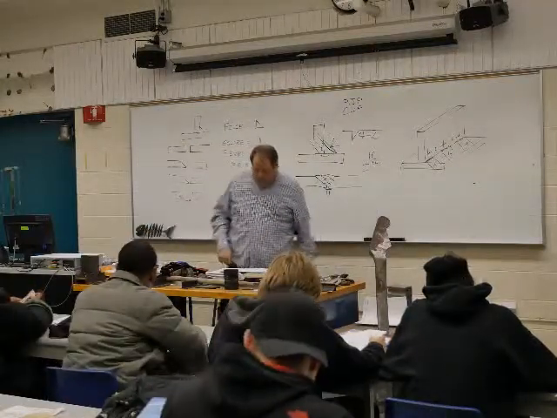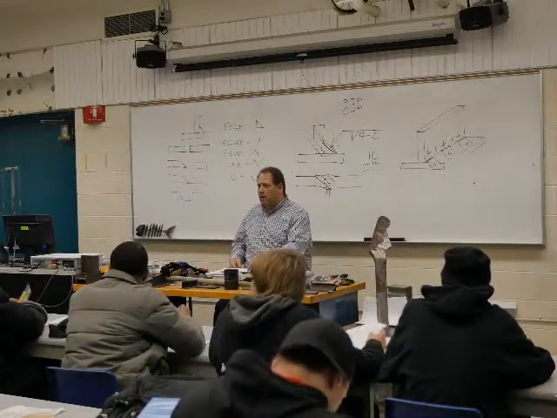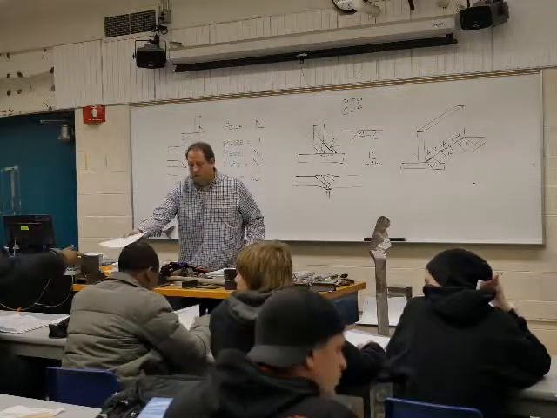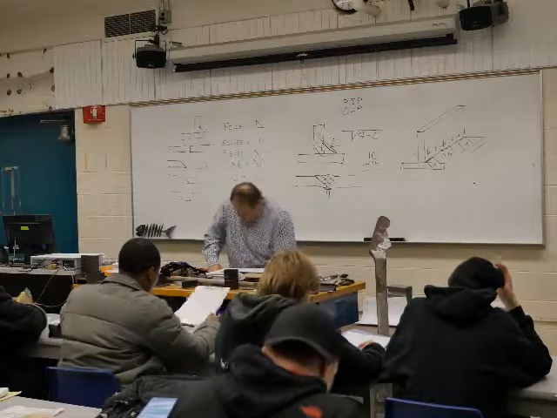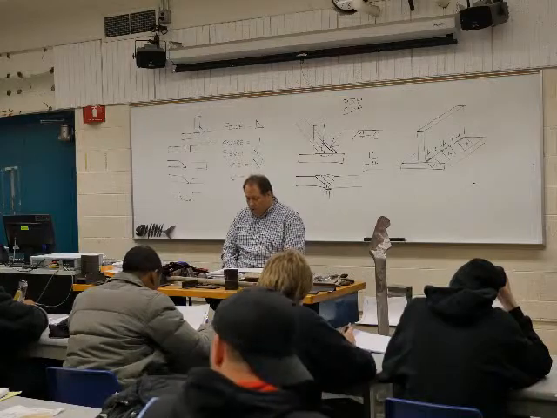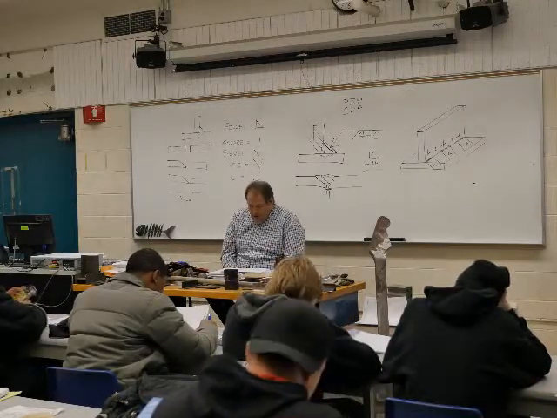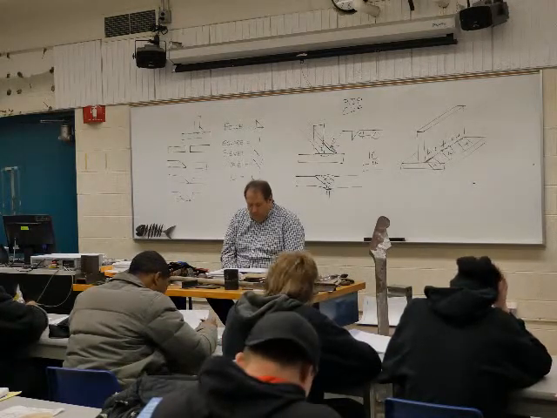So let's look at this print. First one, U.S. Composites Corp. This is your title block at the bottom corner. Always make sure you're checking that, and make sure there are no big notes on there.